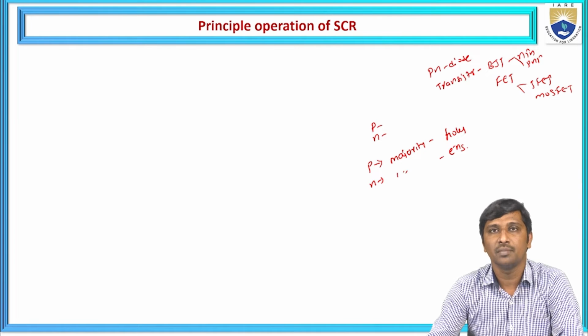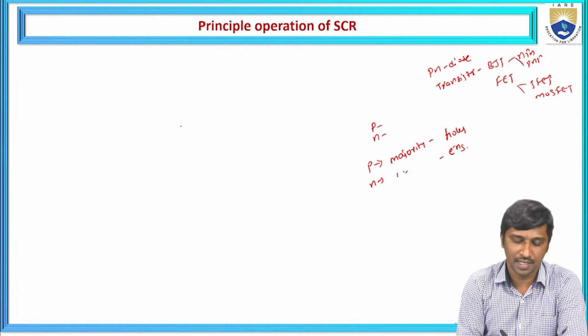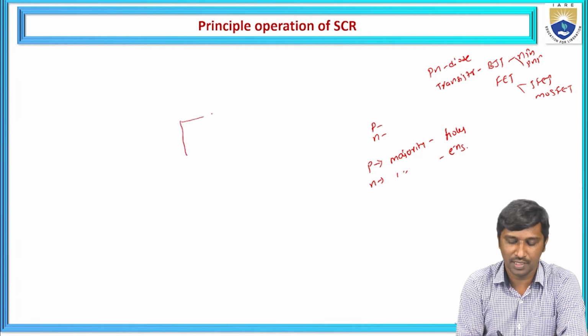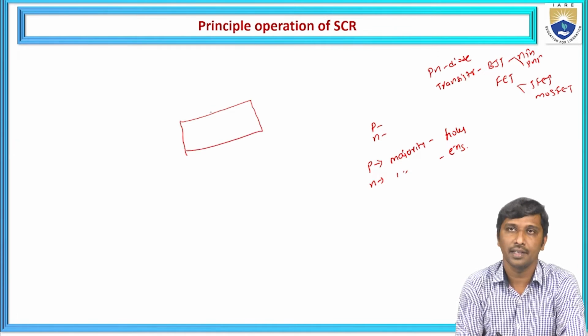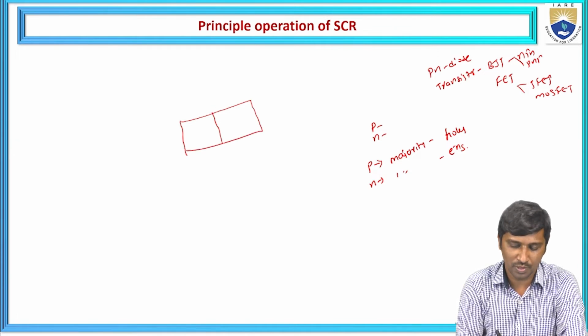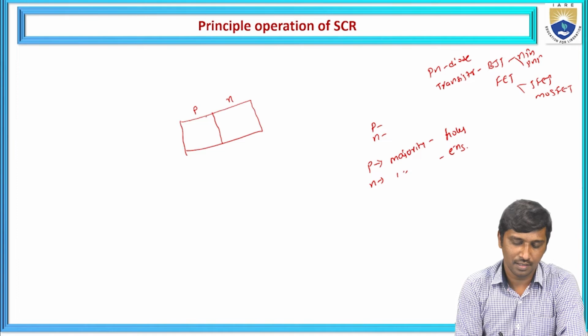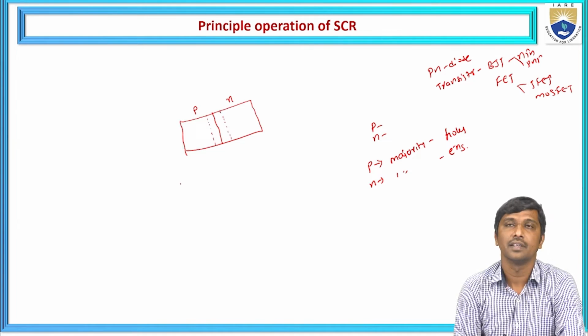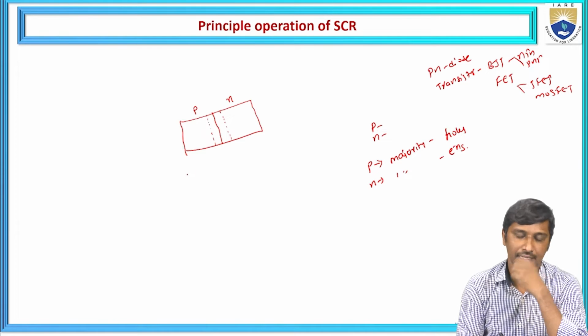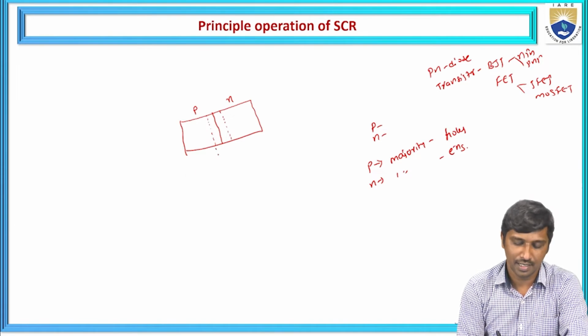If we intersect two different materials in a semiconductor, with one half doped with P-type material and the other half doped with N-type material, it is called a PN junction. Based on this intersection, a depletion region forms near the junction, also called the space charge region.